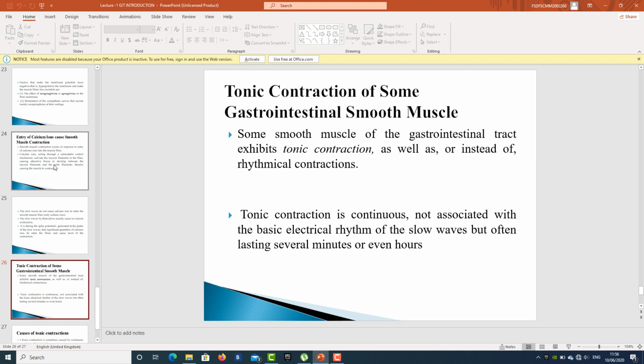Tonic contraction of some gastrointestinal smooth muscle. Some smooth muscle of the gut exhibits tonic contraction as well as or instead of rhythmical contractions. Tonic contraction is continuous and is not associated with the basic electrical rhythm of the slow waves, often lasting several minutes or even hours.